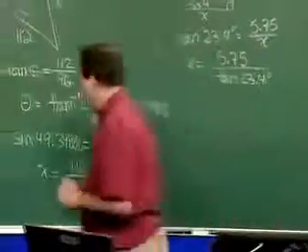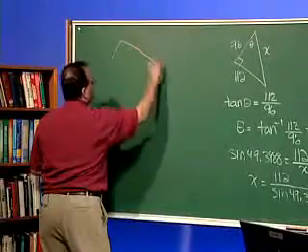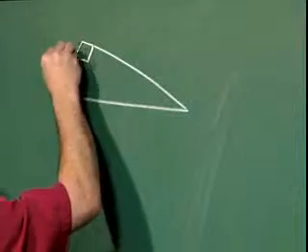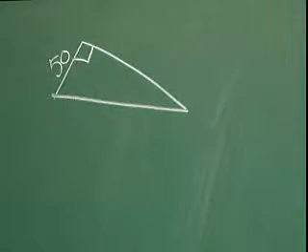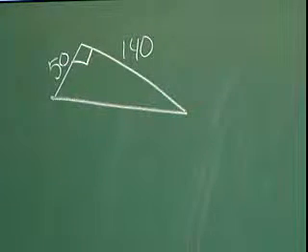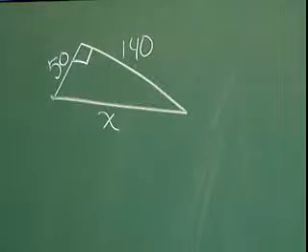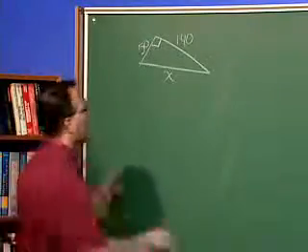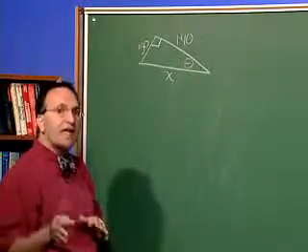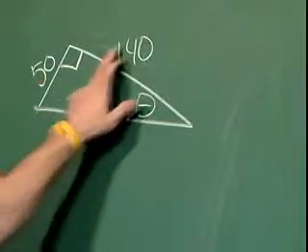Okay, so my triangle looks like this, where I have a right angle. I know that this is equal to 50, and this is equal to 140. I'm interested in angle x. So once again, if I choose one of these angles to call it theta, then I can use the tangent of theta is equal to the opposite over the adjacent.